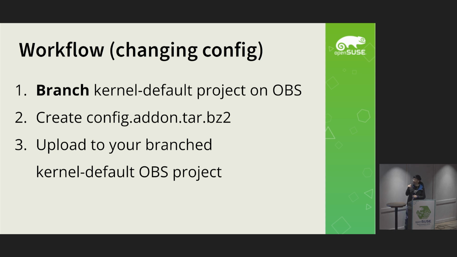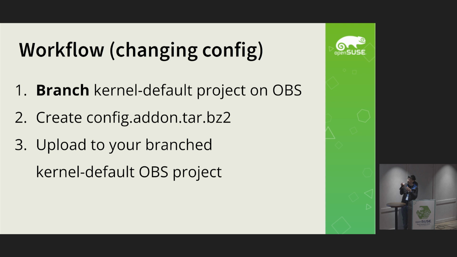And the workflow for this, if you're just trying to change the kernel configuration, is quite simple. The first step you have to do is to branch the kernel package on OBS. Depending on what version of the distro you're using, if you're using Leap 15.6, you choose the kernel default package for Leap 15.6.